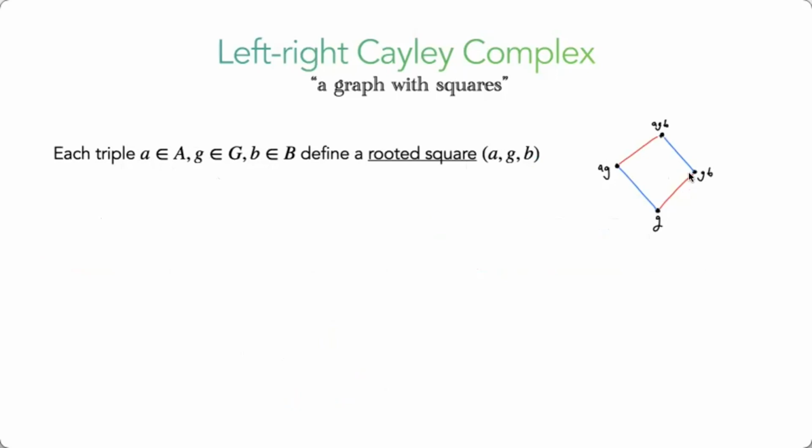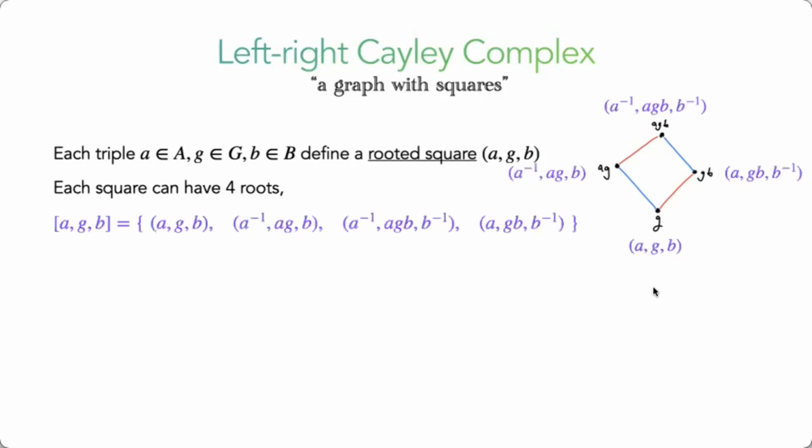But if you walked on the B, your next step will be to walk on the A. So you move from GB to AGB. And if you were at AG, you walk to AGB. So you get this square for every triple A, G, B. And you notice that every square you can look at from 4 different points of view. You can think of it as AGB, but you can also think of it centered around GB.